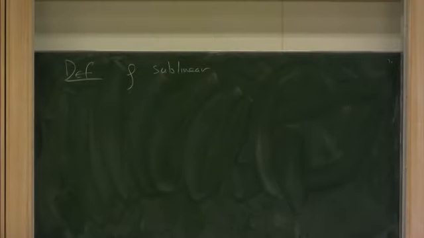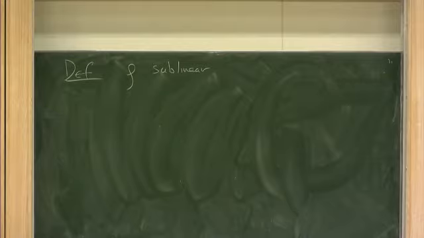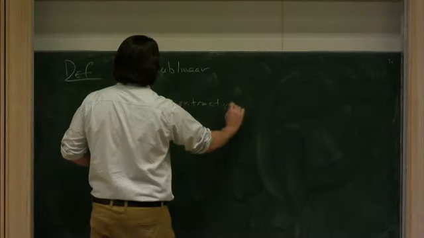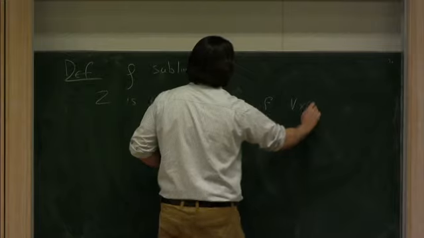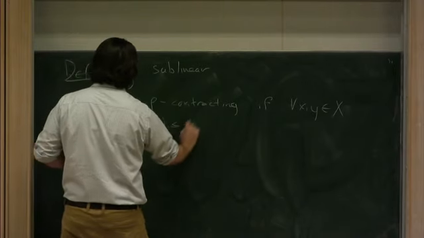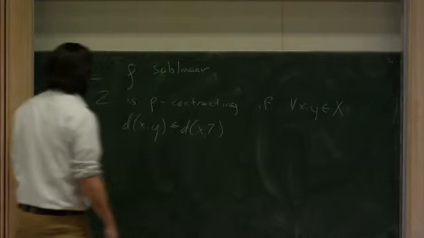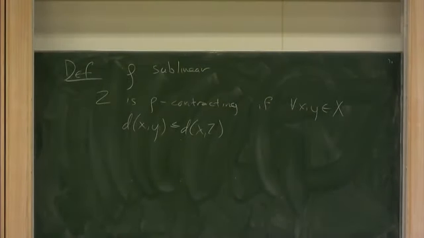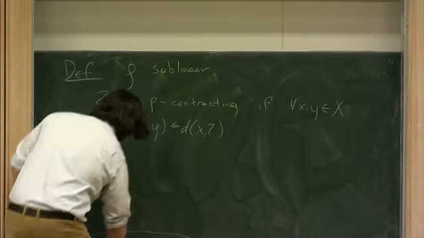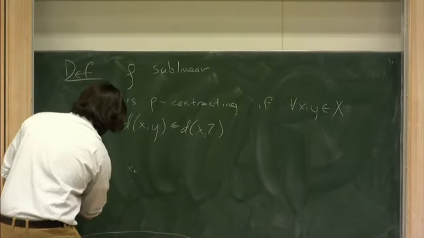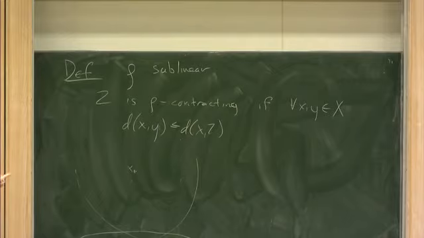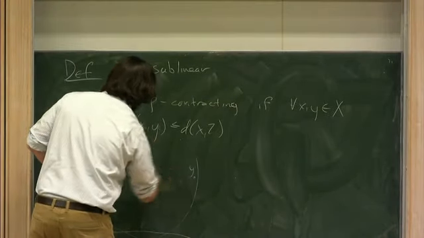So now the definition: if I give you a sublinear function rho, then I say Z is rho-contracting if for every pair of points, the picture again is x is going to be the center of the ball and I want y to be a point in the ball where the radius is the distance. So here's Z, here's x, here's a ball around x that's tangent to Z, so the radius is exactly the distance, and y is just some other point in this ball.